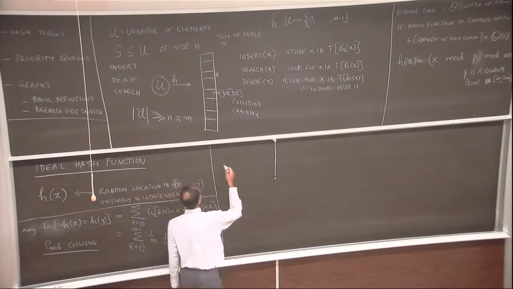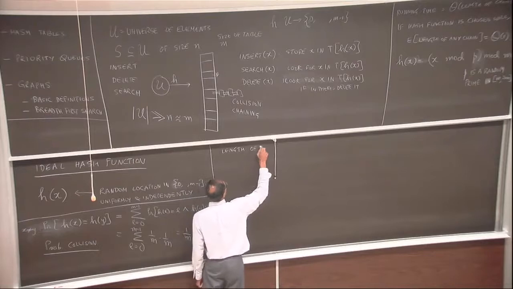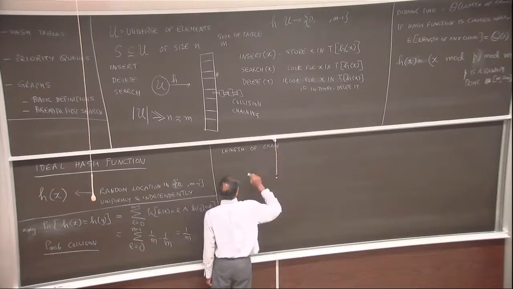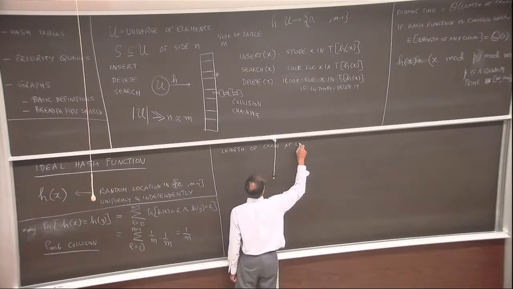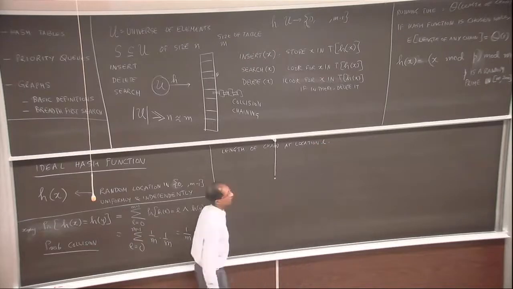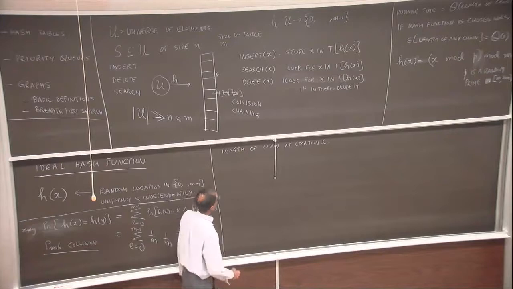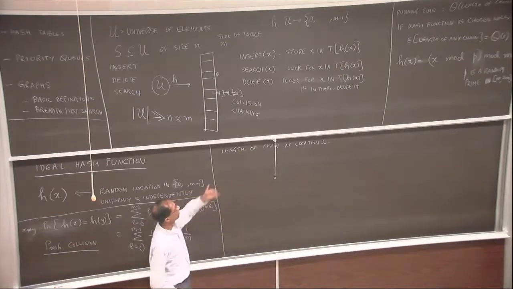Let's look at the length of a chain at location L. How do you calculate the length of a chain at location L? Well, let's calculate the number of elements that will map to this location L.